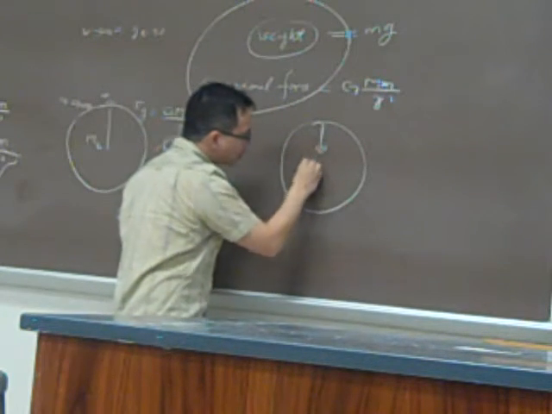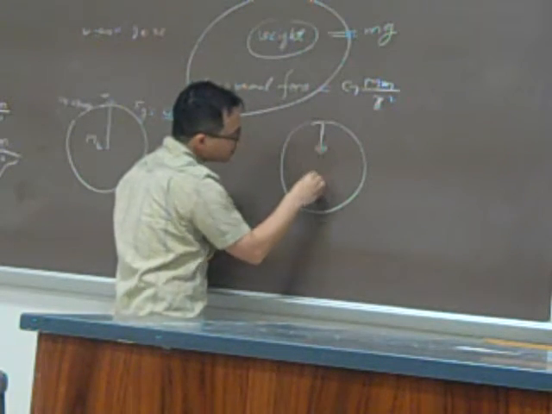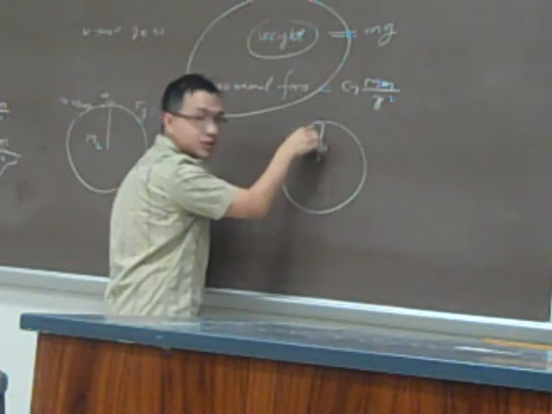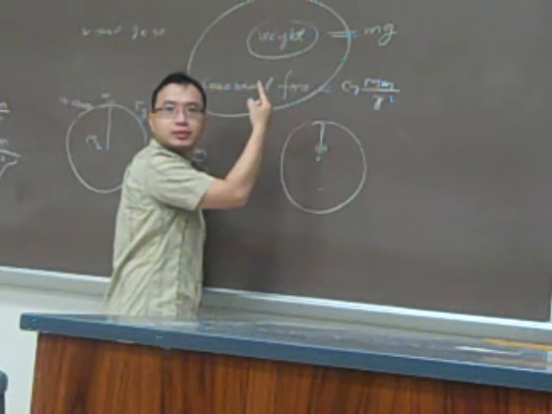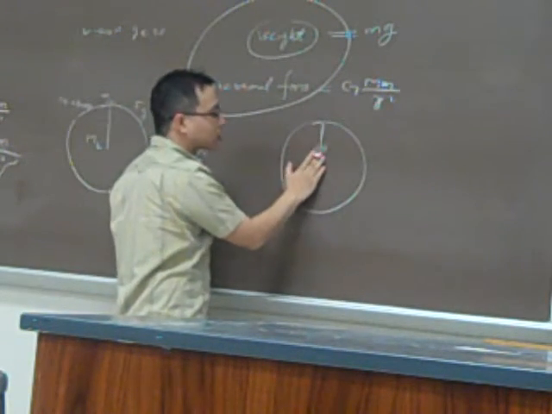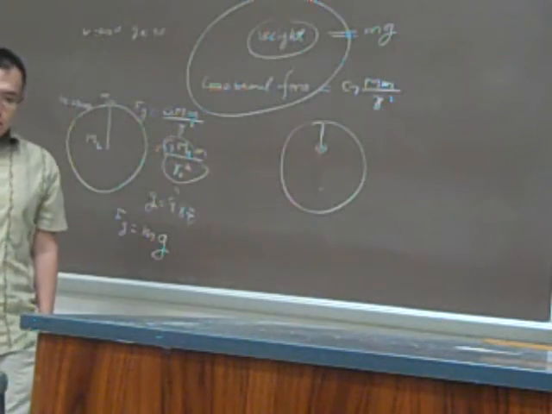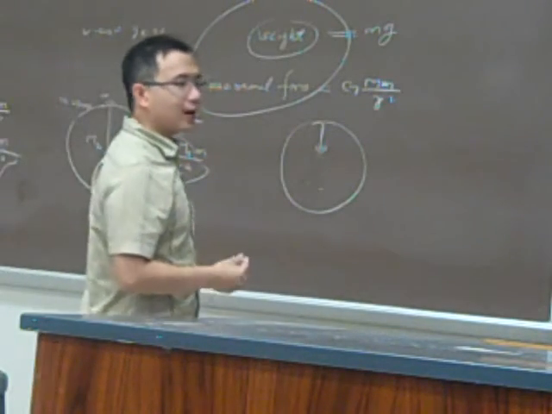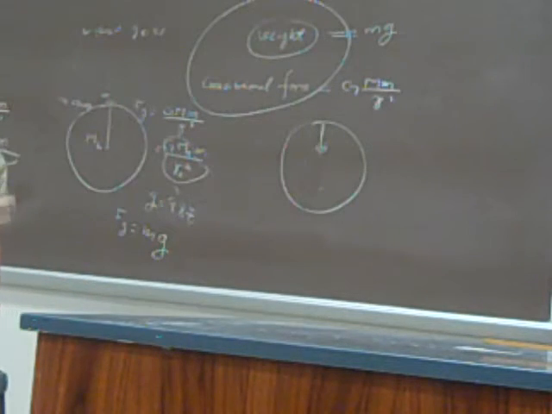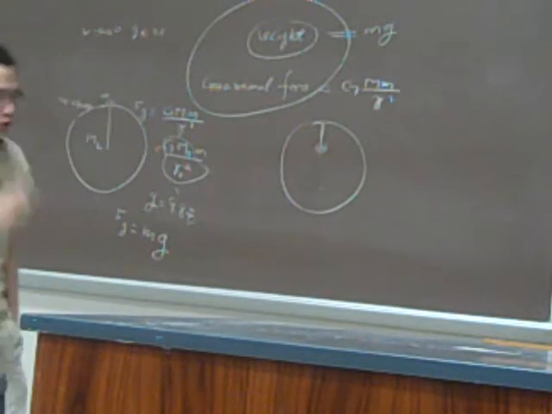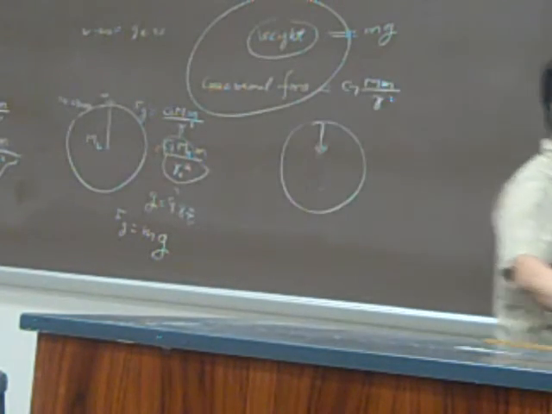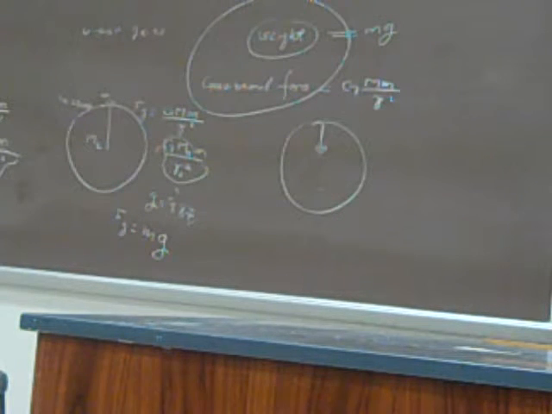So this part will attract me downward, but this part will attract me upward. Right? So it's quite difficult to calculate in this case. But if you use an integral and other devices to do some calculation, it will show that the result can be summarized in the so-called shell theorem.